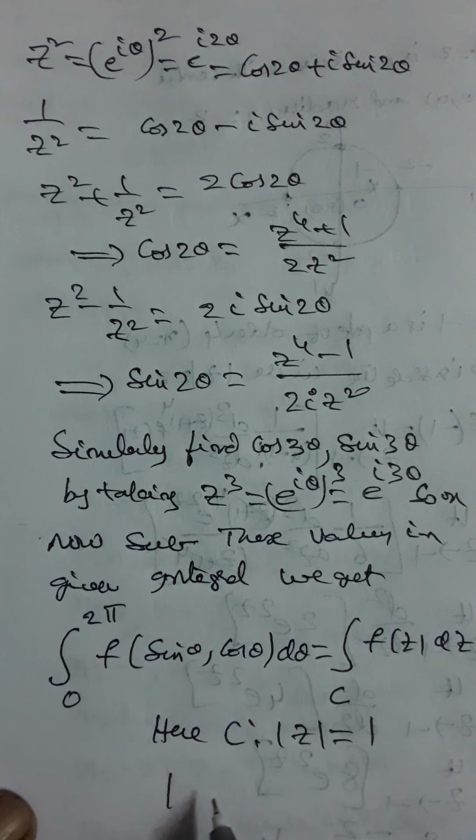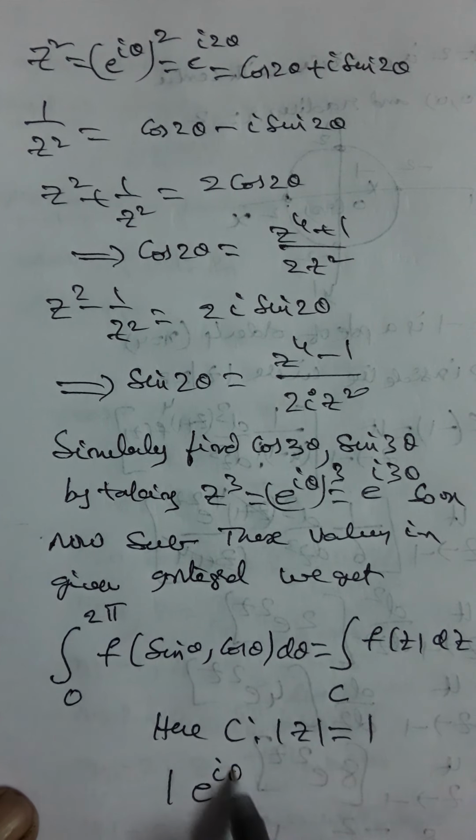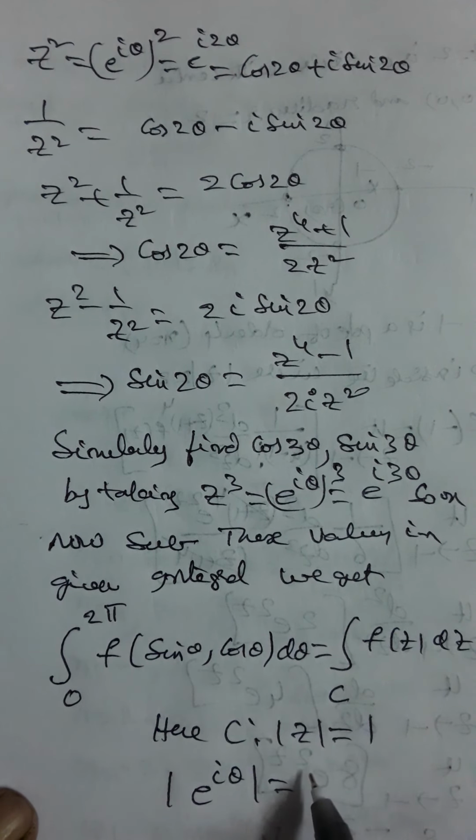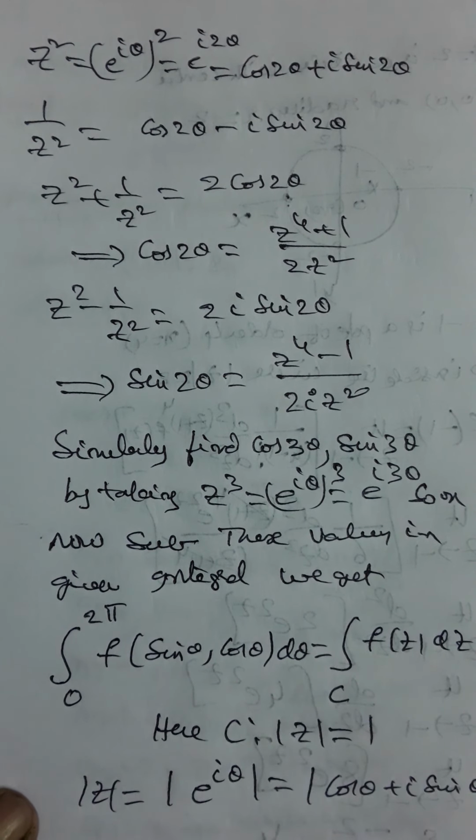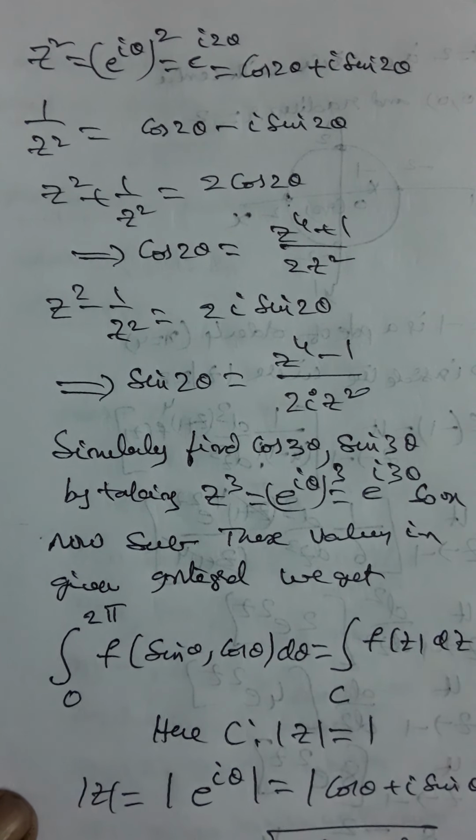So |z| means |e^(iθ)| = |cos θ + i sin θ| = √(cos²θ + sin²θ) = √1 = 1.